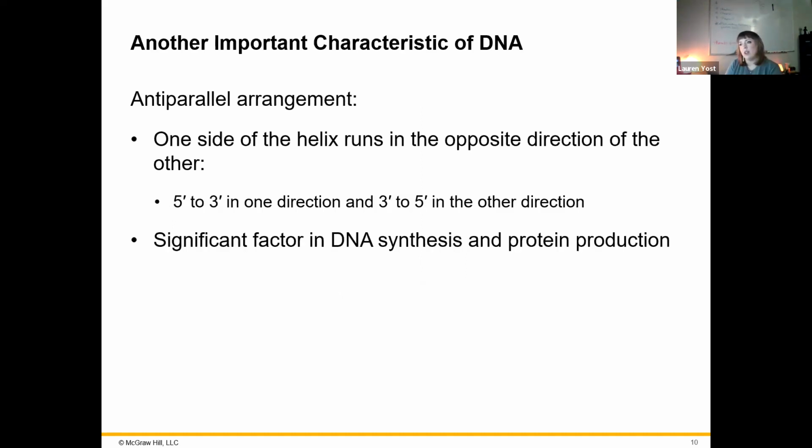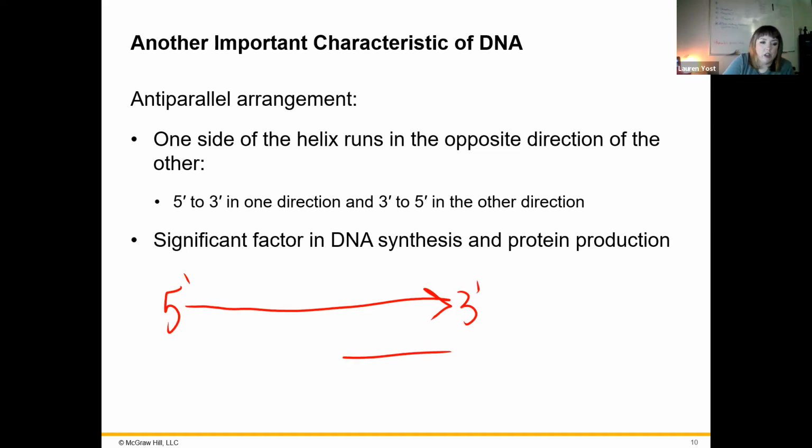DNA itself has an anti-parallel arrangement. This just means that one side, I'll show you a picture of it, it'll make more sense soon, runs in a 5' to 3' direction in one direction. So if it's running this way, this is 5' at the beginning and 3' at the end. And then the other strand is a complement to it.